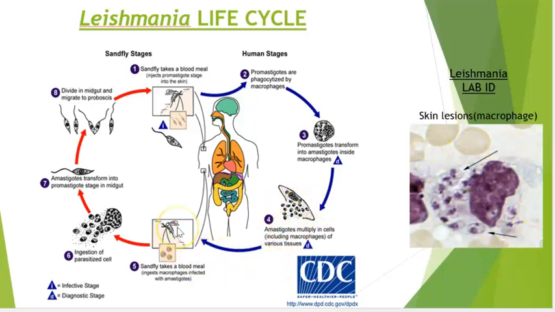And once another sandfly takes a blood meal from this same human, they can pick up the parasite in that blood, and the parasite can finish out maturing in that sandfly. And once it matures, then it can reinfect another human.